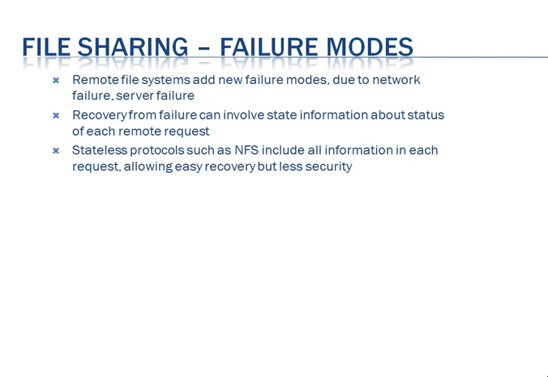In case you face failure of file sharing, a remote file system adds new failure modes due to network failure or server failure. Recovery from the failure can involve state information about the status of each remote request. Stateless protocols such as NFS include all information in each request, allowing easy recovery but less security.